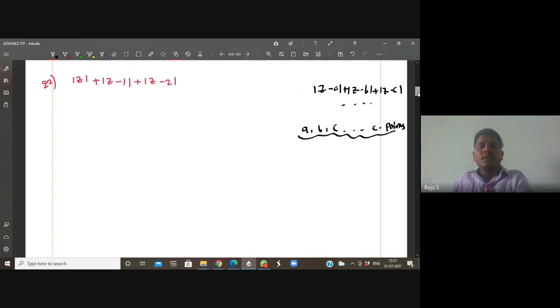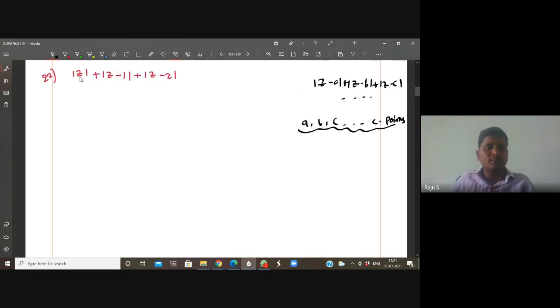So here there is a property. Modulus of z minus a is not lesser than or equal to, it is clearly greater than or equal to modulus z minus modulus of a.